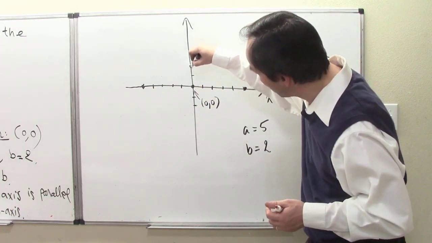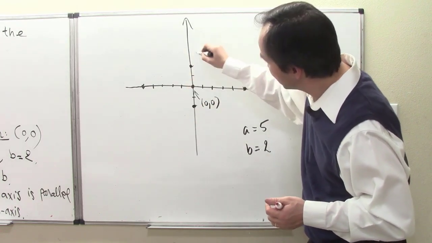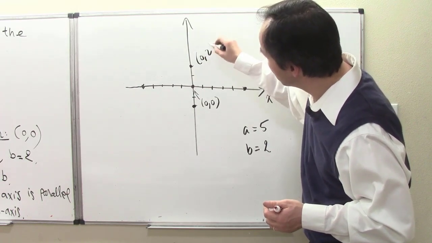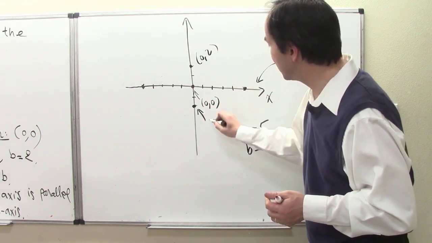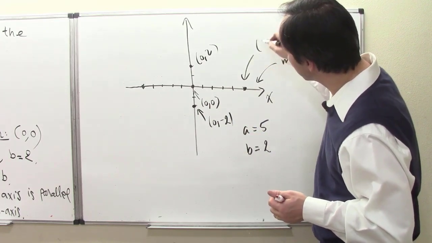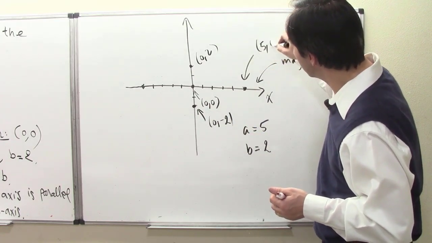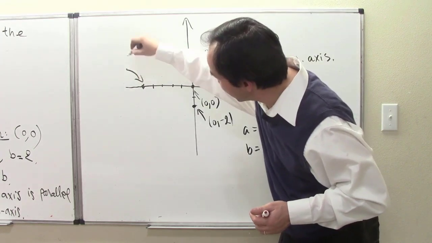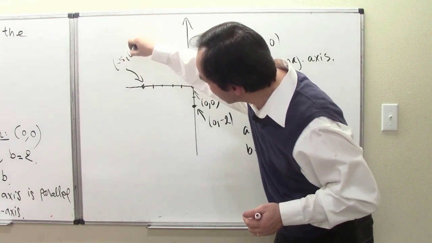So we get one point right here and one point right here, making it 0, 2 up there and 0, -2 down here. And right here that intercept is 5, 0, and this point is the intercept -5, 0.